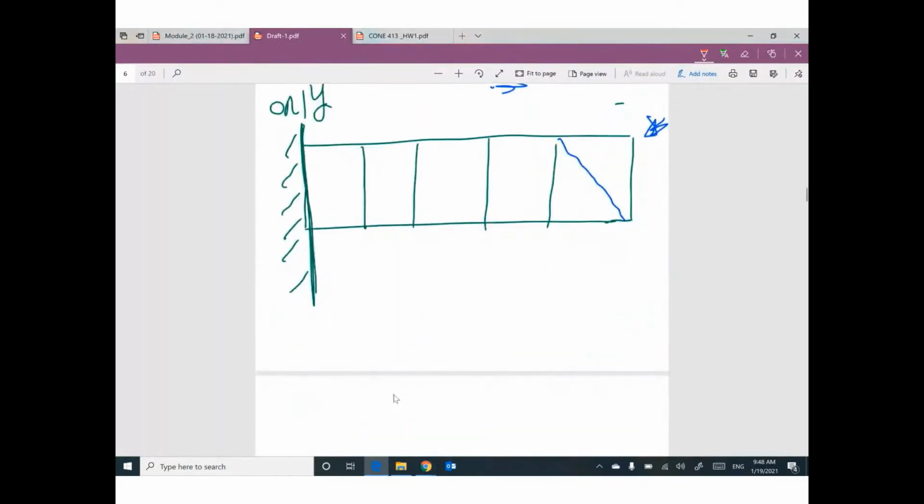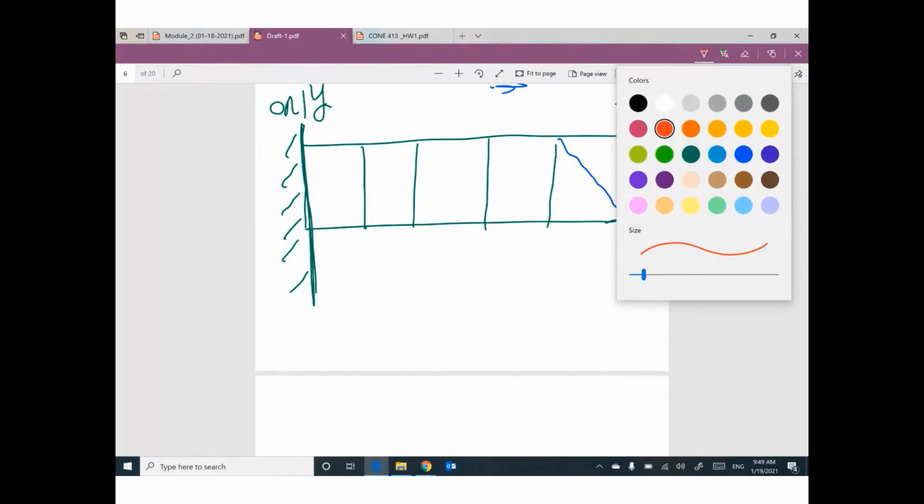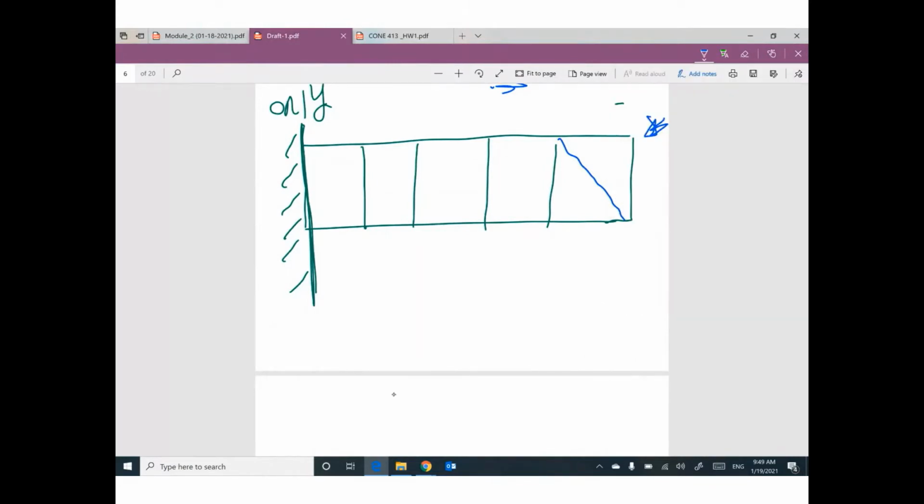For the second truss, imagine this truss looks like a beam fixed from one side and free from the other side. It looks like a cantilever, and you have applied load on this cantilever. What is your expectation about the deformed shape? I believe your deformation will be like this.